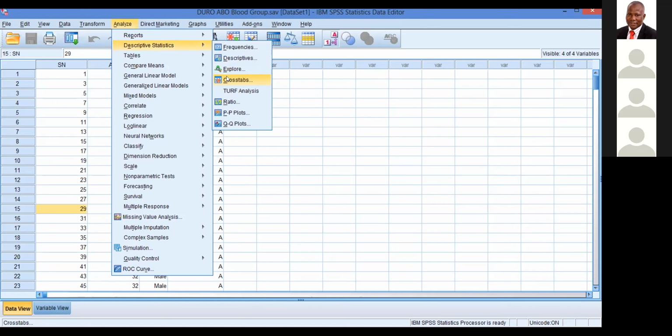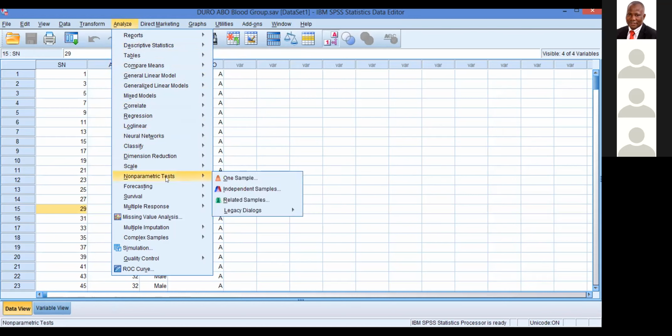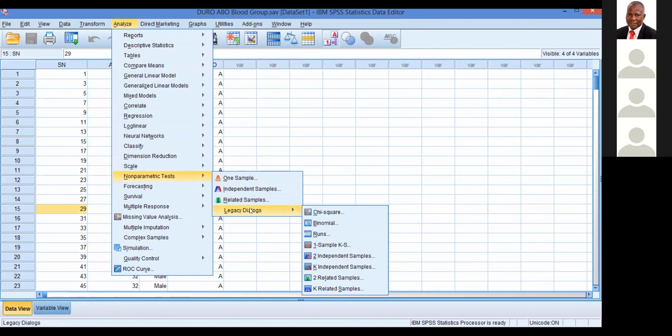Chi-square is a non-parametric statistic. Don't go to descriptive, go to non-parametric. Go to legacy dialogs. Go to chi-square, you see chi-square there. Click it.